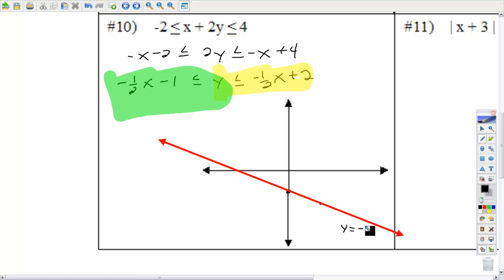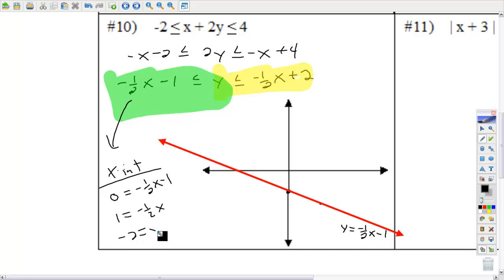This boundary is y equals -1/2x minus 1. X-intercept for this, put a 0 in for y into the boundary. An x-intercept of -2.